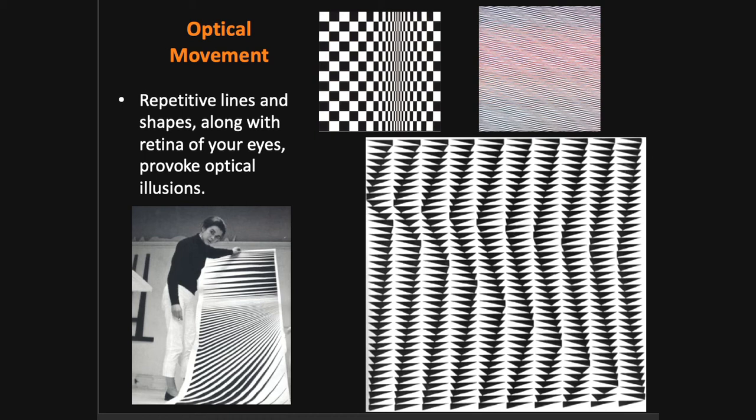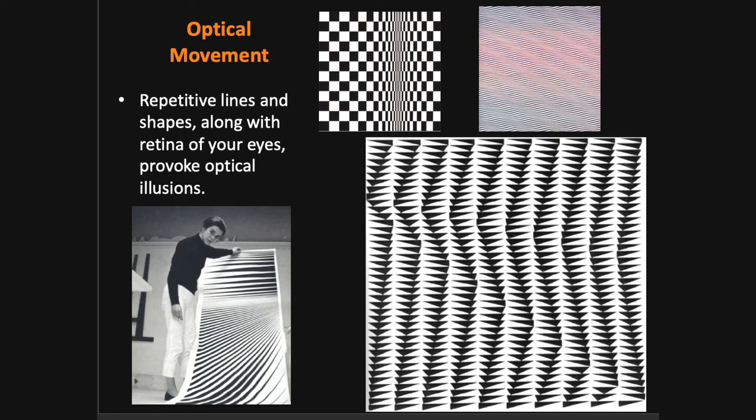You have optical movement, using your eye. And this is Bridget Riley. She was a pop artist, or I'm sorry, an op artist. She used a lot of repeated lines, a lot of repeated shapes. What happens is it tires your retina when you stare at it for a while, and it's going to provoke an optical illusion.